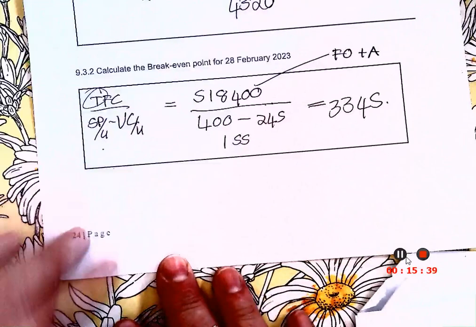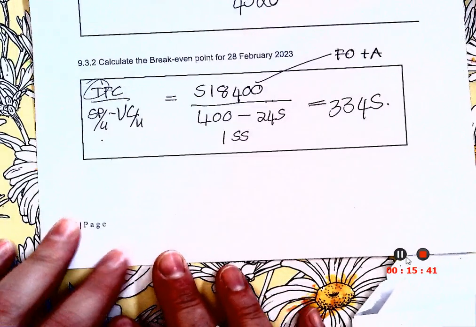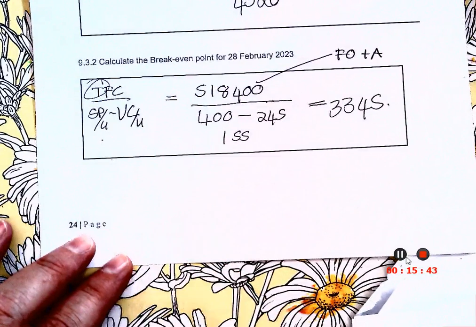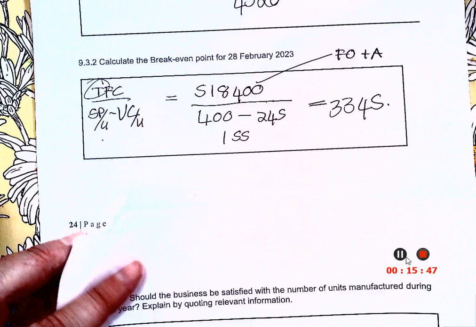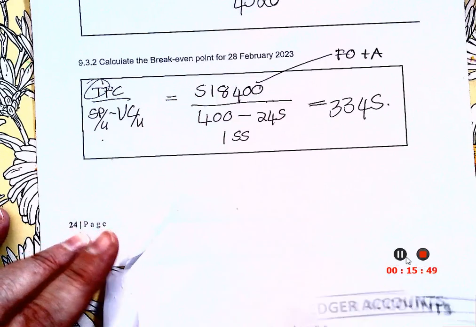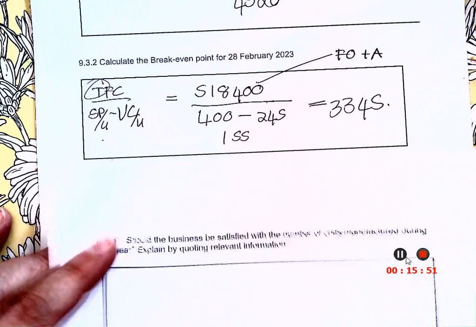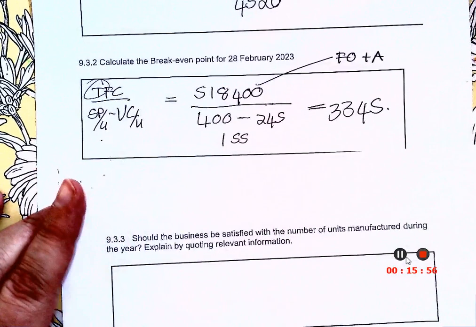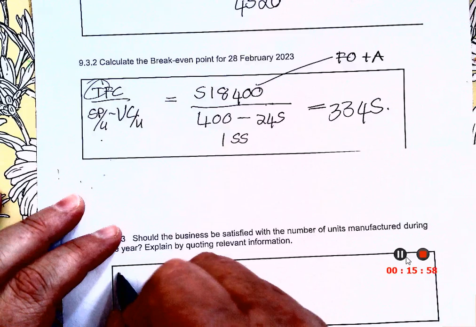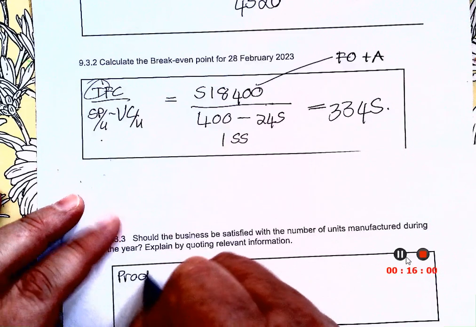Next one, they say, should the business be satisfied with the units manufactured during the current year? Explain by quoting a relevant figure. So you can do it as follows. You can say production was 4320.